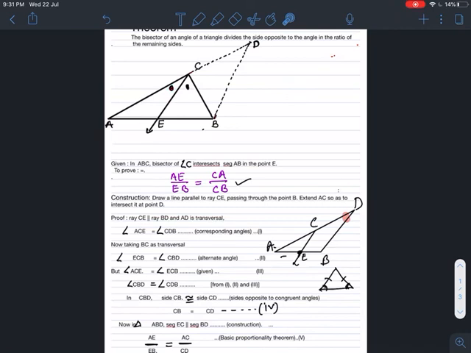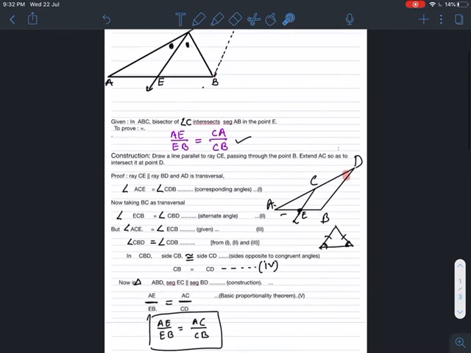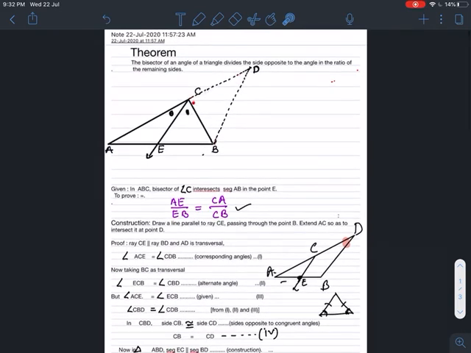Since first is congruent to second, and third is congruent to fourth, but first and third are congruent, therefore second and fourth are equal. So these two angles are equal, and the sides opposite to them are equal. So CD is congruent to CB, that means CD is equal to CB.